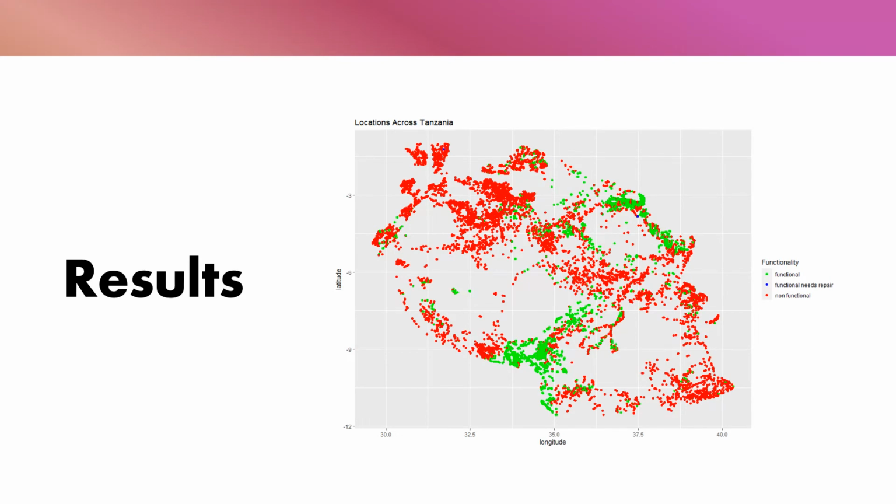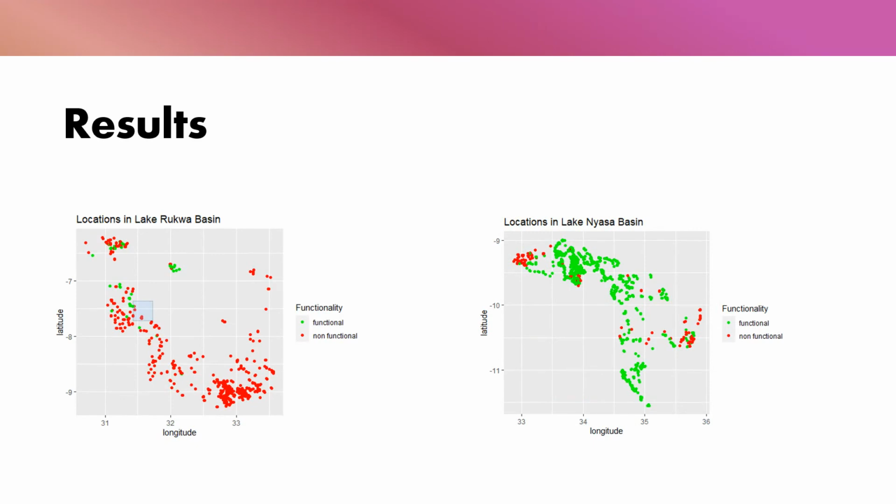And then we can separate and look at each basin and see how these work. In the Lake Rukwa Basin, most of them are non-functional, but there are some areas that have some functional water pumps. The Lake Nyasa Basin is the opposite. This is in that south central area of Tanzania, as most of them are functional.